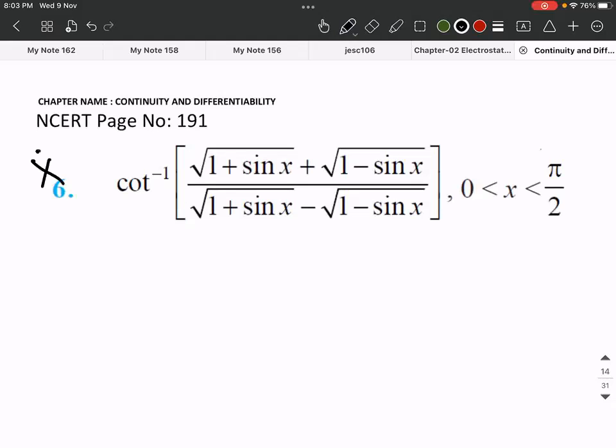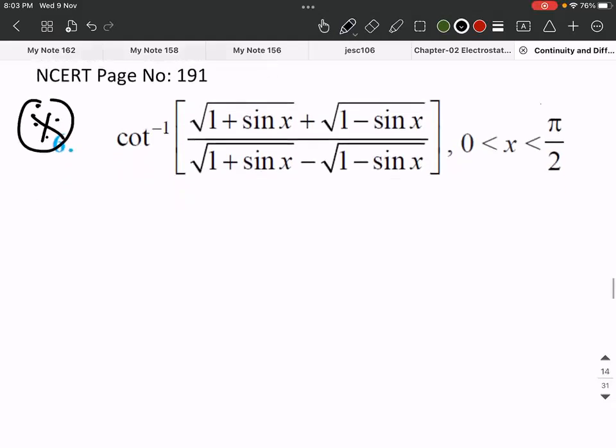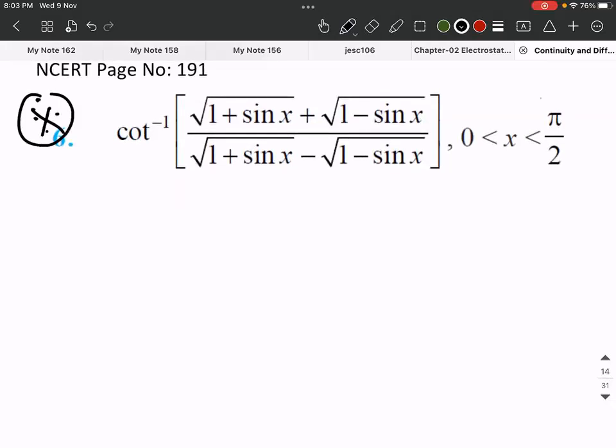This is also a good problem. So cot inverse of... if you directly start differentiating this, it will be a very, very big process, right? Instead, what we can do is, this root of 1 plus sin x is there. Wherever you have 1 plus sin x, you'll have two kinds of combinations, 1 plus sin x and 1 plus cos x. For 1 plus cos x, you have a ready-made formula, 2 cos square x by 2.